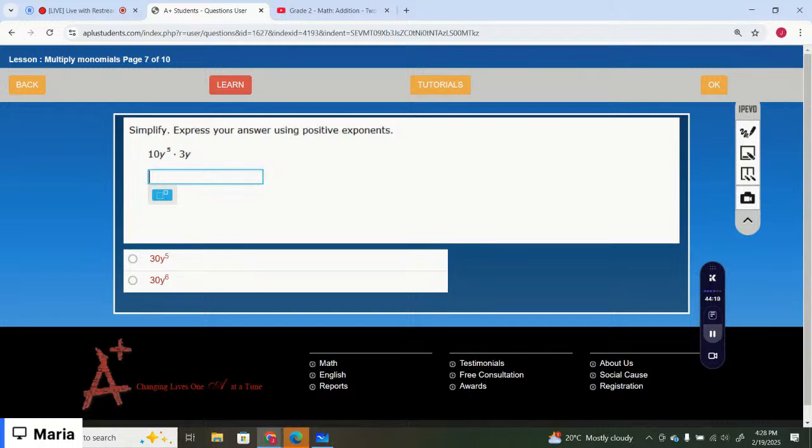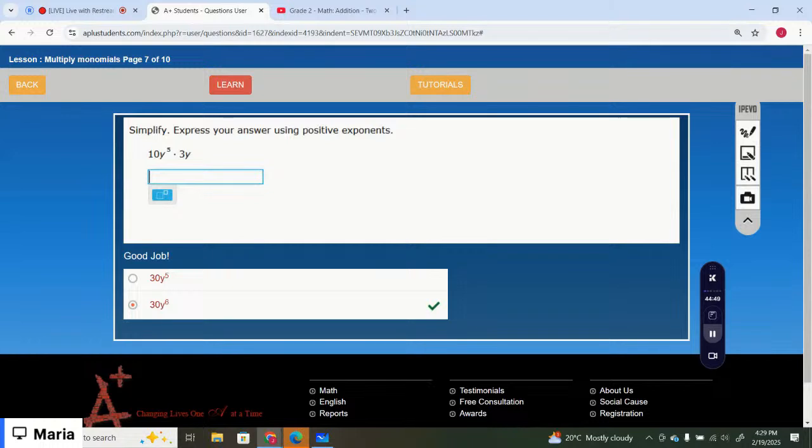10y^5 times 3y. That is 30y^6. Option number 2 is the correct option.